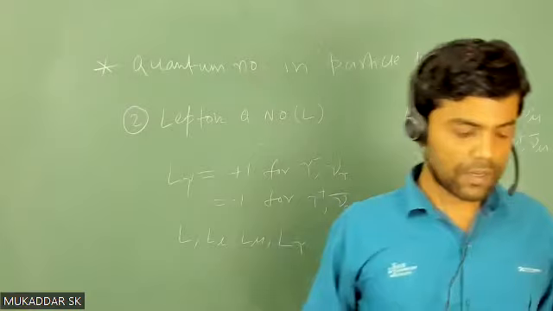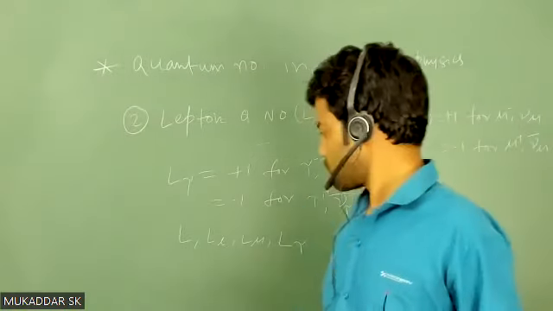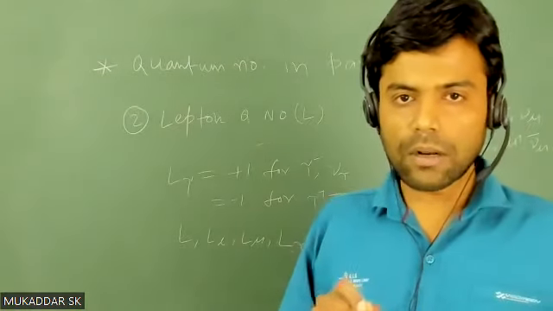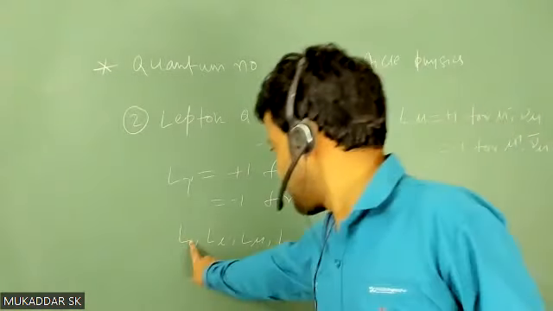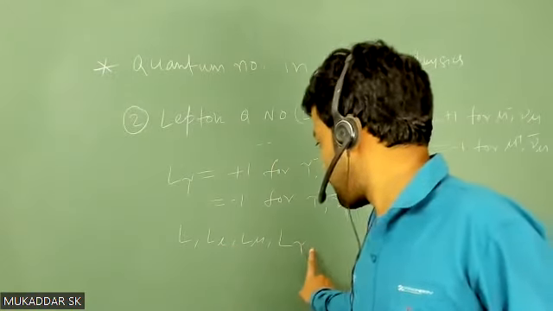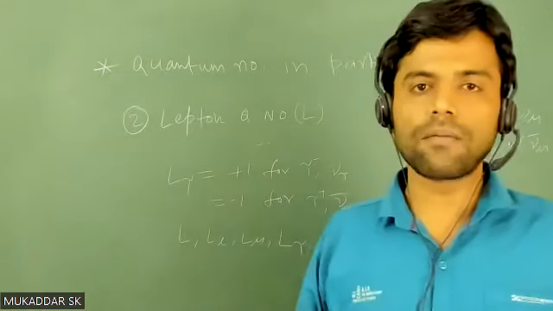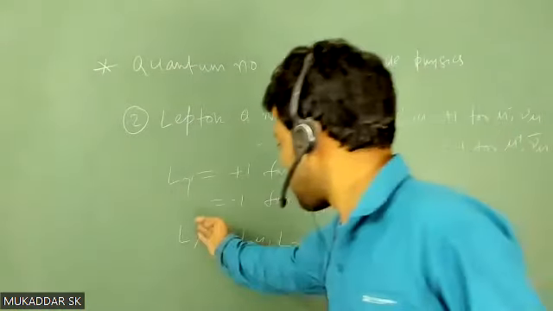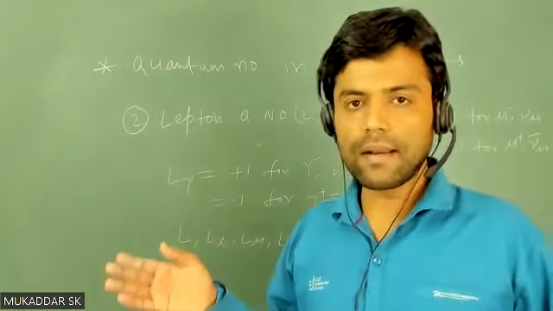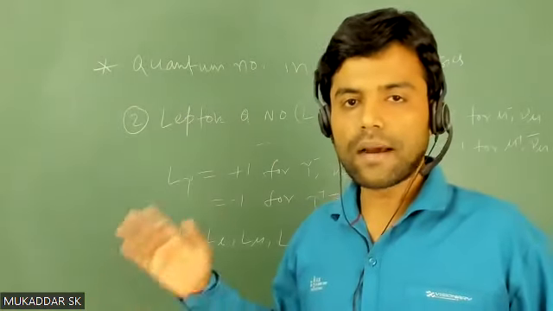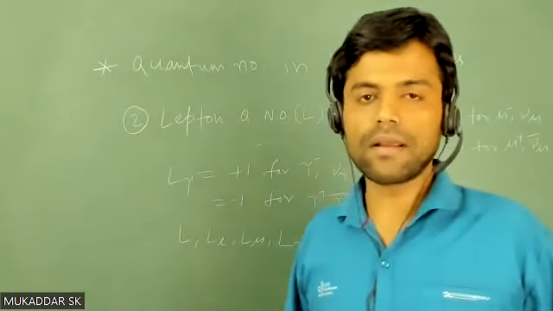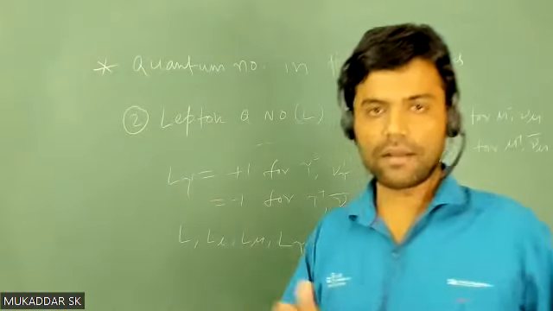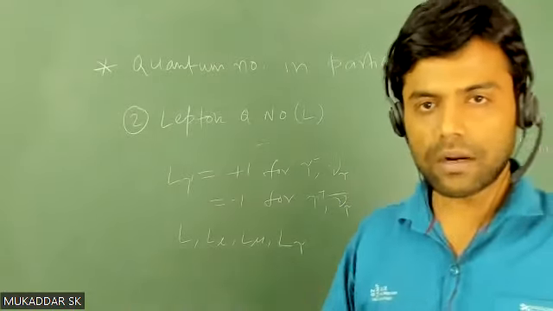Okay, so it should be conserved. Okay, I'm repeating this point: the total lepton quantum number L, and Le, L mu and L tau should be separately conserved for any allowed interaction or decay process. If any one of them is not conserved, it means that decay will not be allowed.